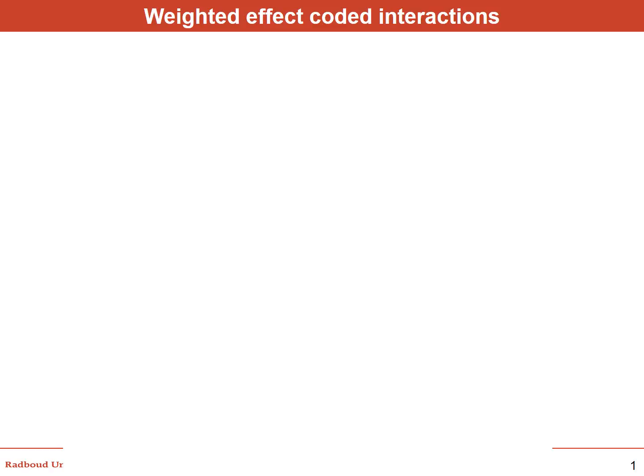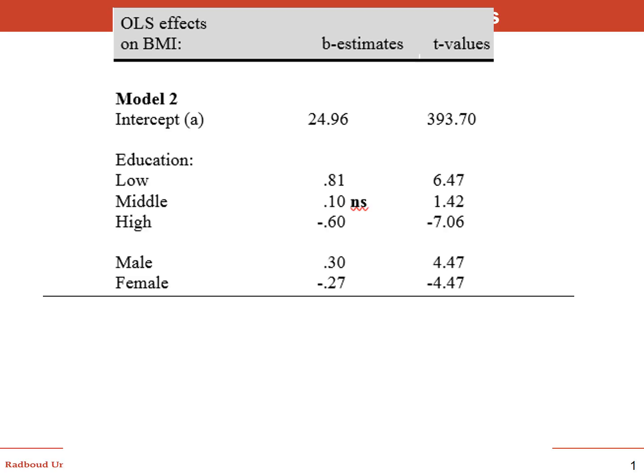I would like to present the estimates now for the equation from the previous slide. I start out with the first order regression model. We have here education with the categories low, middle, and high, and we have males and females. All these categories are weighted effect coded. As a consequence, the value for the intercept is equal to 24.96.